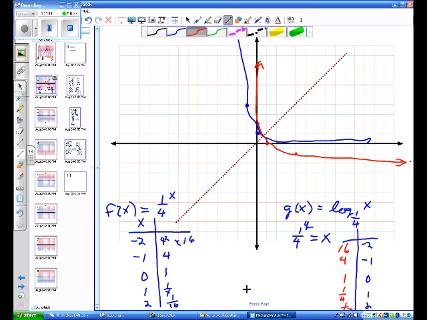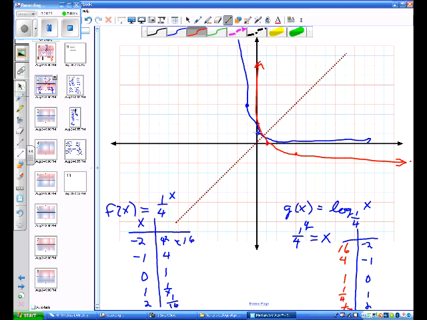Now, one of the things that you might notice is there are some characteristics for our logarithmic function. We've already talked about the characteristics of our exponential. In our exponential, our domain was -infinity to +infinity. Our range was 0 to +infinity.